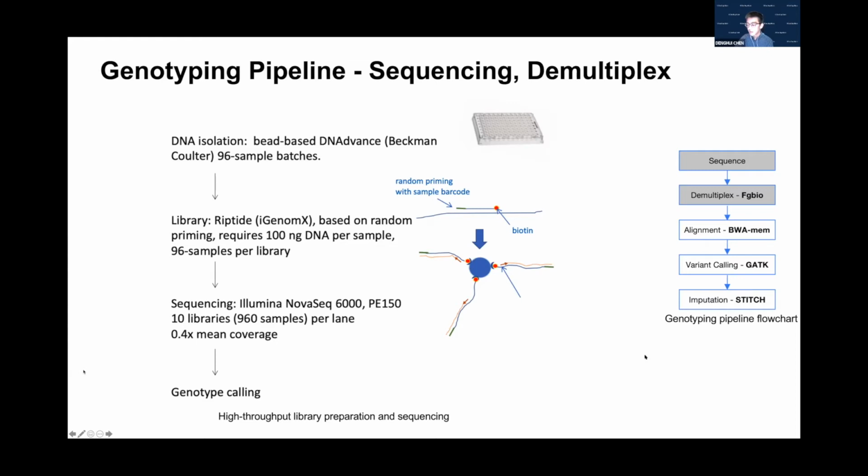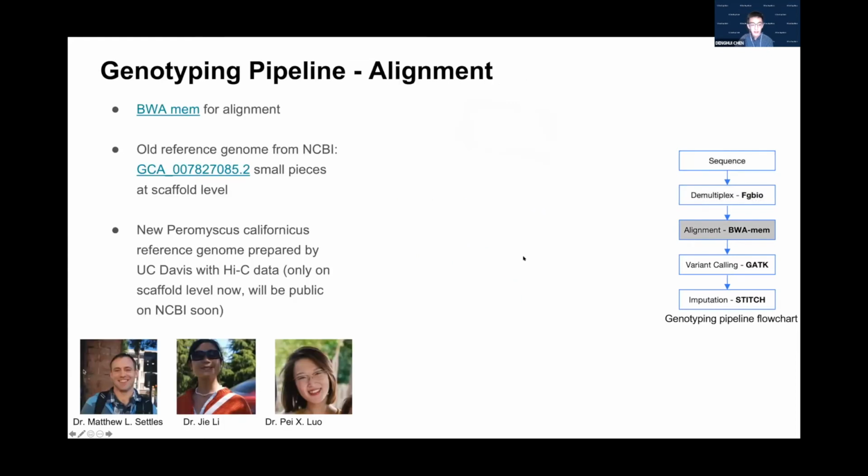The second step is the alignment. For alignment, we use BWA-MEM, which is a really general step. For the reference genome, we did have some issues, because the currently available reference genome from NCBI is only assembled at scaffold level. It's constructed from many different small pieces and not assembled to chromosome level, so it was not perfect for our needs.